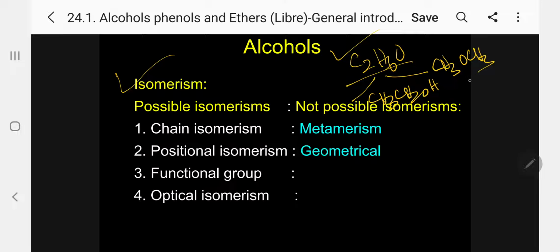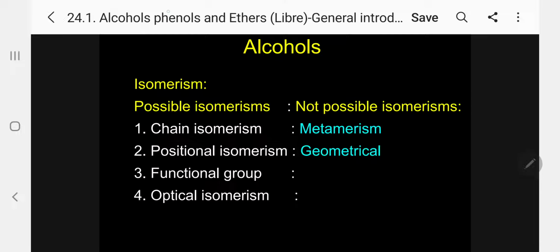Kindly follow. This actually comes under functional group isomerism. Anyhow, this is structural isomerism. The general example I am giving is isomerism. Please follow: different physical properties, different chemical properties, but the molecular formula is the same. That is called isomerism. So what is our important idea here? What isomerism is possible in alcohol, and what isomerism is not possible in alcohol?